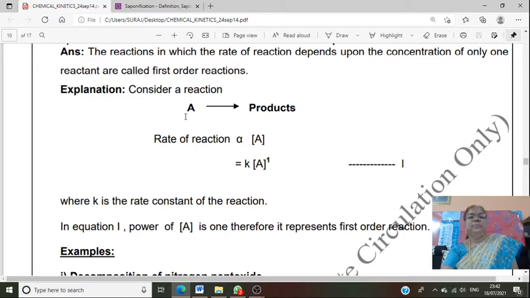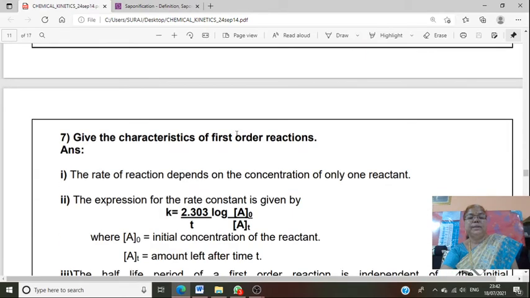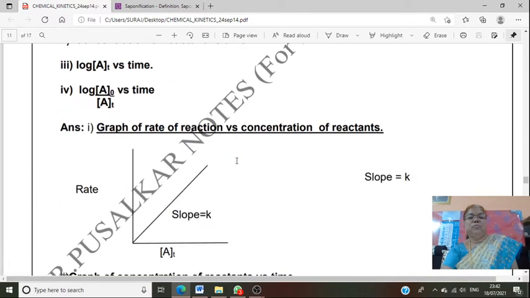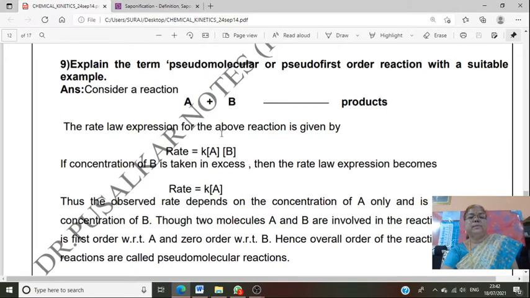Okay, then the second order reaction with unequal initial concentration and its formula. Here we have considered A and B, these are the products.